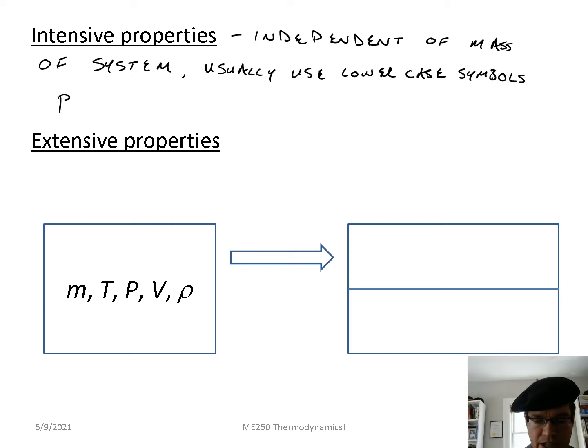So this is things like lowercase p, or mu for viscosity, or sigma for surface tension, etc.